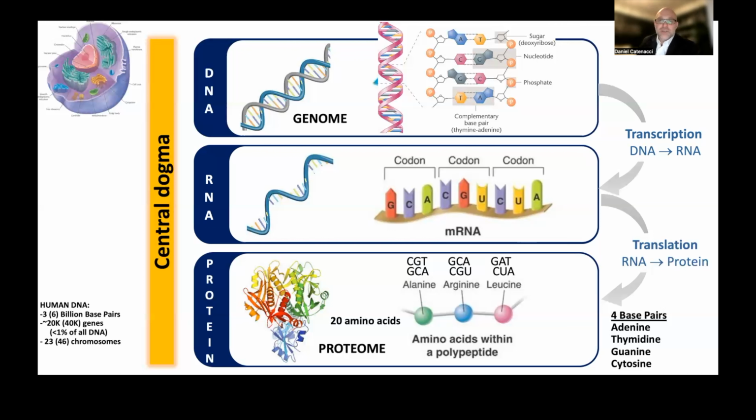As I was alluding to earlier, specific cell types will turn on certain genes through transcription and translation. Skin cells will turn on skin cell related genes. Stomach cells will turn on stomach cell related genes, etc. And it will turn them on and off appropriately, as indicated in this normal equilibrium that is tightly maintained.